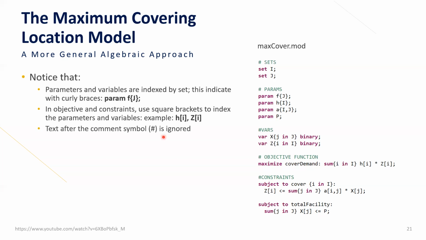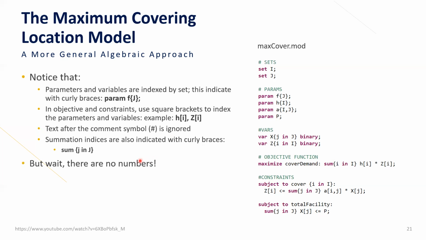And the hashtag, of course, still has the same meaning. It means comment; it can be ignored. The summation index is also indicated with curly braces here, the same as sets.